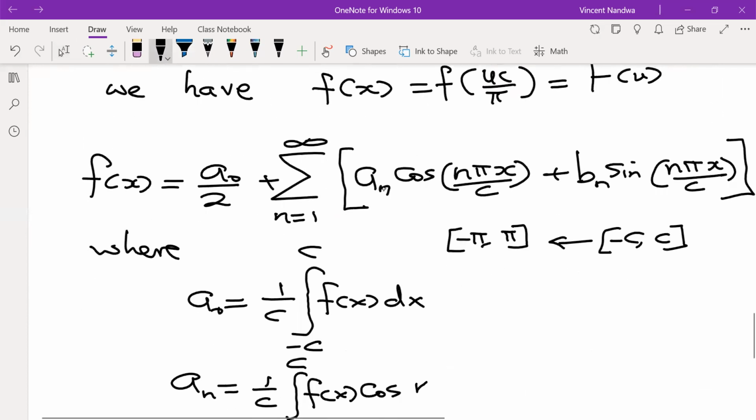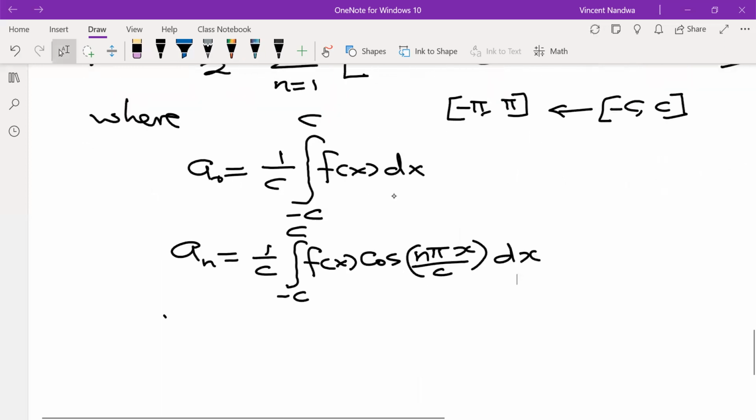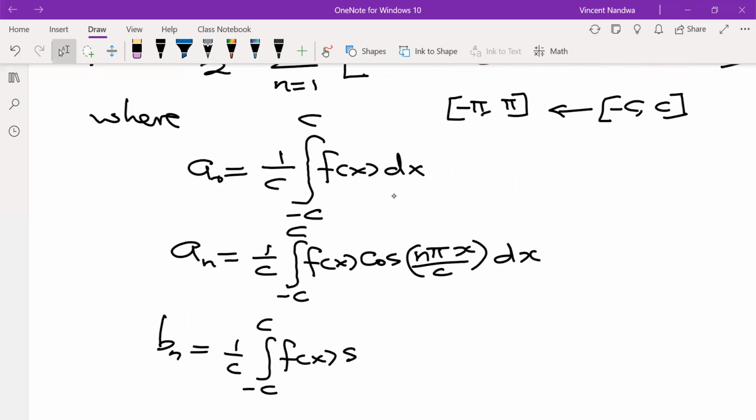So I'll have n pi x over c times dx, and then bn will be given by 1 over c integral from minus c to c of f of x sine of n pi x over c times dx.